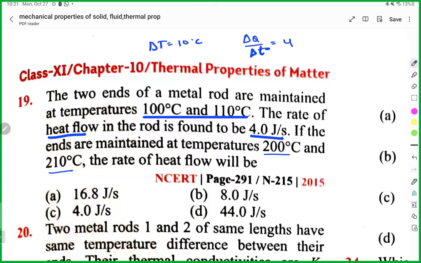If in the next case this is again 10 degrees Celsius, tell me what will be the heat flow. All of you have to answer this question.